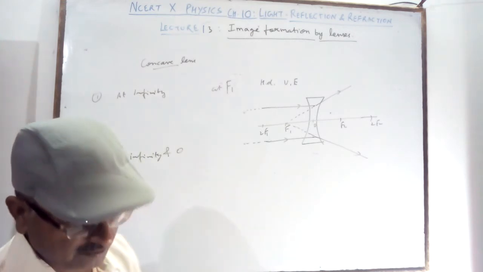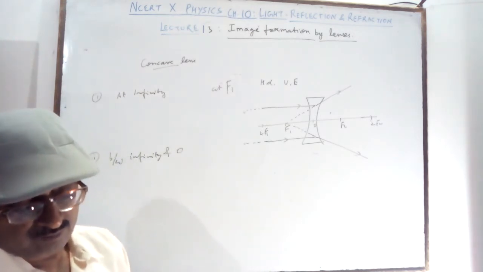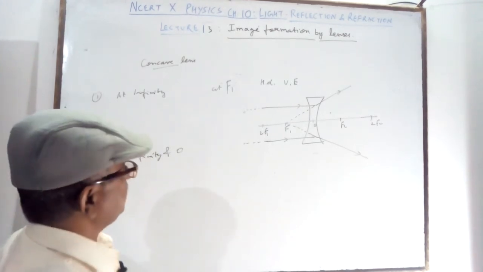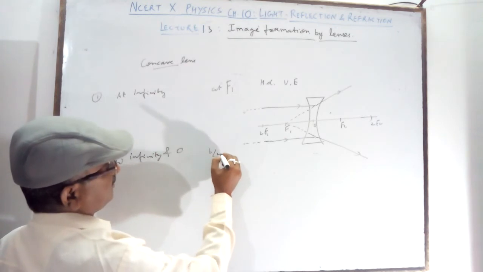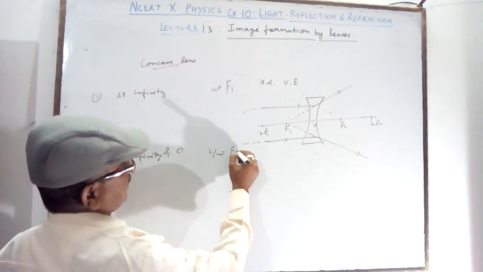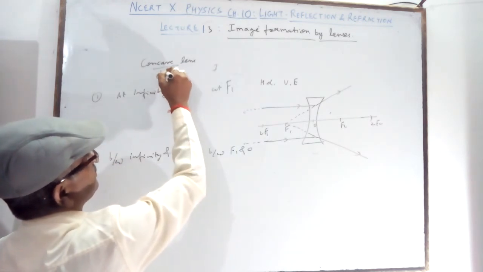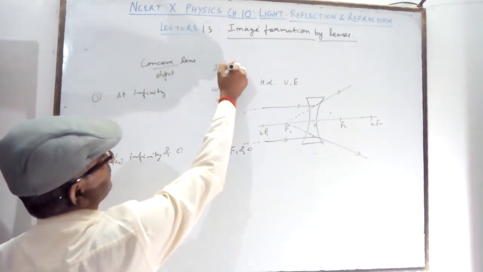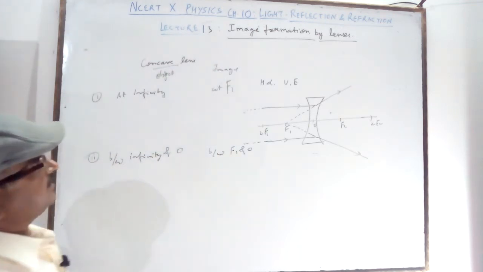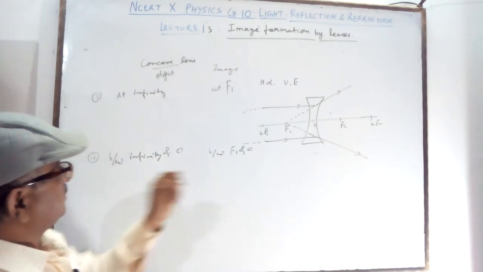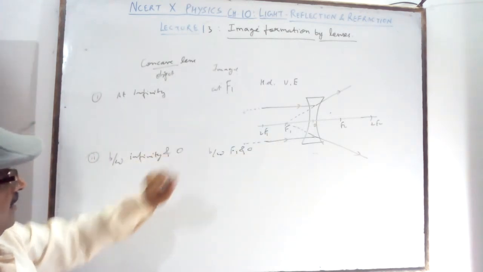The image will be formed between f1 and optical center, between f1 and O. Here the object, here the image. Only two conditions you will get in the concave lens: at infinity, the image at f1, virtual, erect and highly diminished.